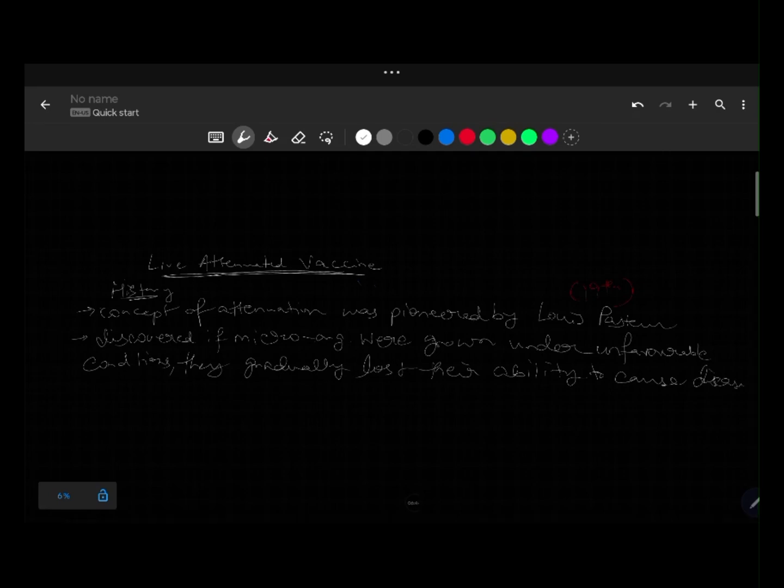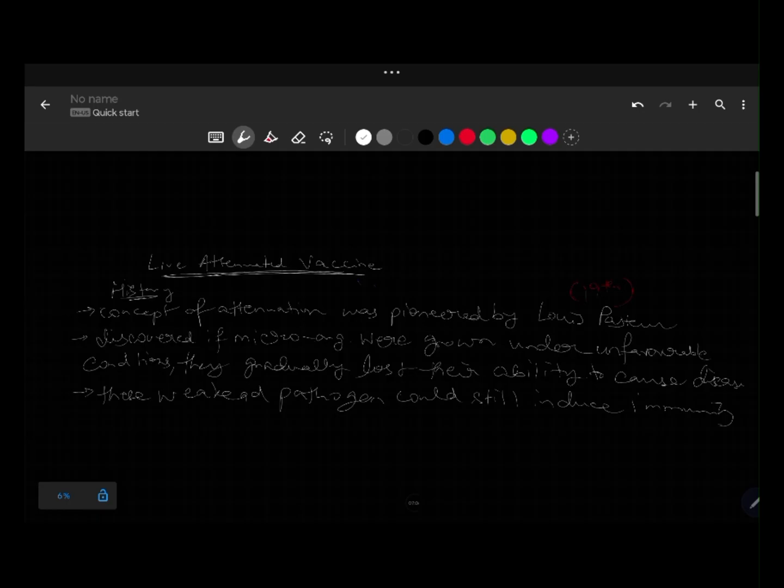However, these weakened pathogens could still induce protective immunity.